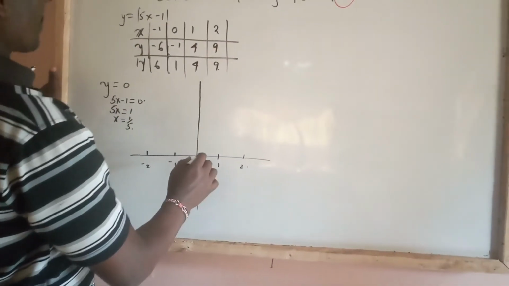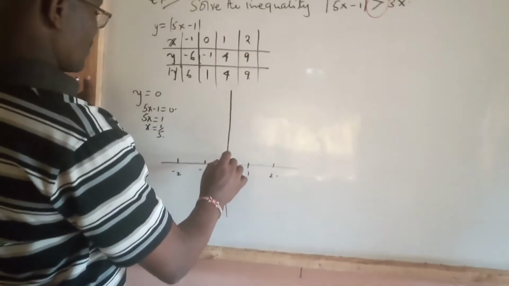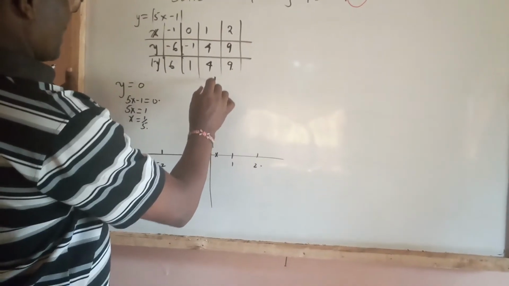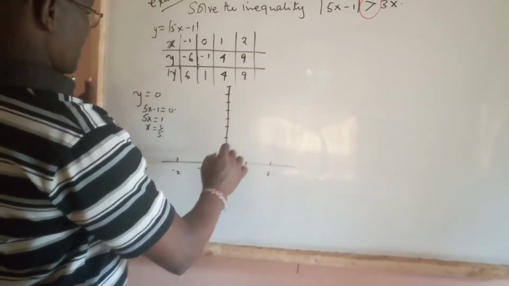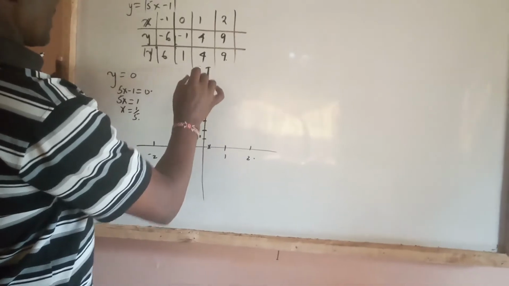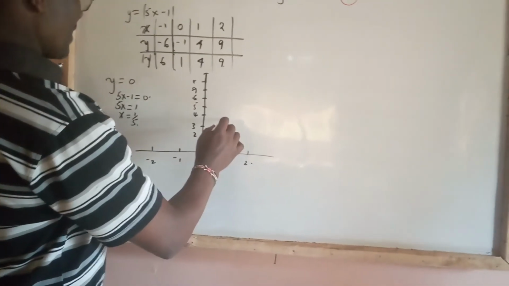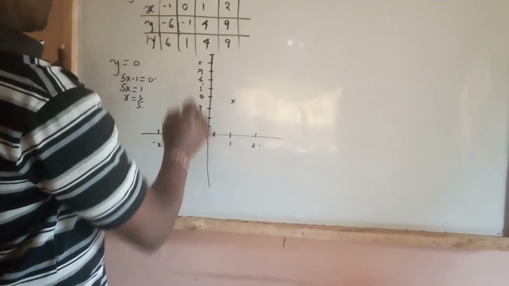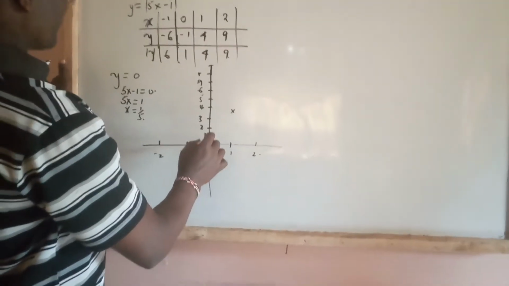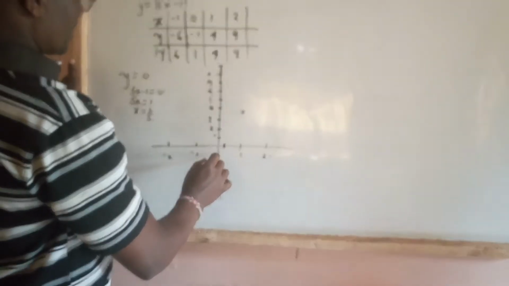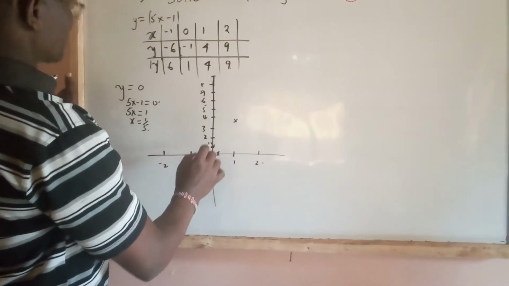When x is 1, we have y equals to 4. When x is 0, y is supposed to be negative 1, but because it is modulus, it's going to be positive 1.